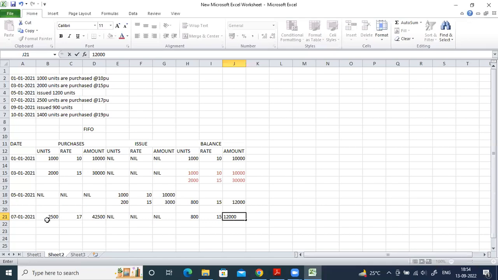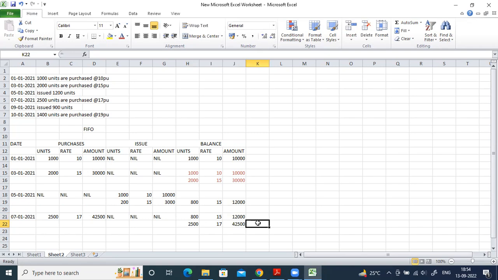Then the stock which we purchased on 7th Jan, that is 2,500, 17, then 42,500. So this will be the balance on 7th. I believe you understood it. Is that clear?